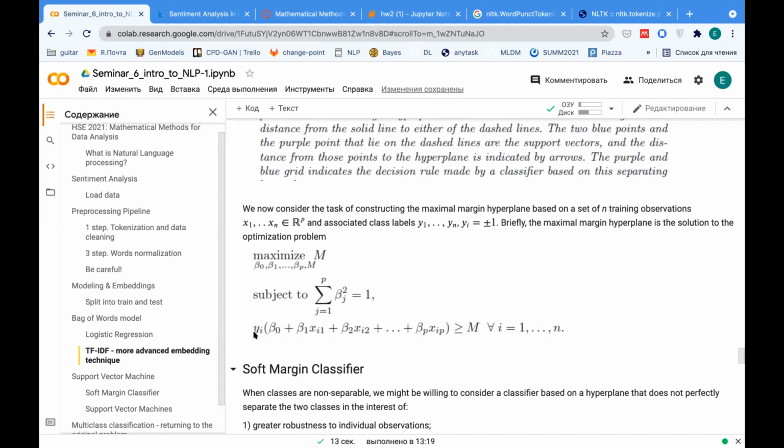So in this formula we have one formula, but it means two cases, when our examples are positive or negative.